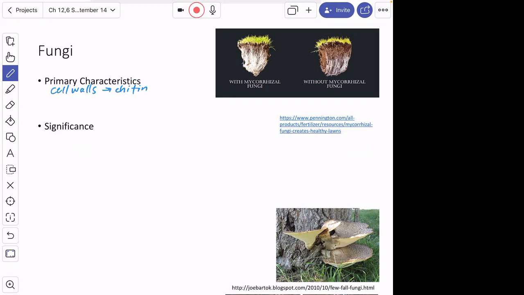Can be some other constituents there as well, so that's not always a sure thing. And one other primary characteristic is that they don't photosynthesize. So that's the primary thing that distinguishes them from plants.